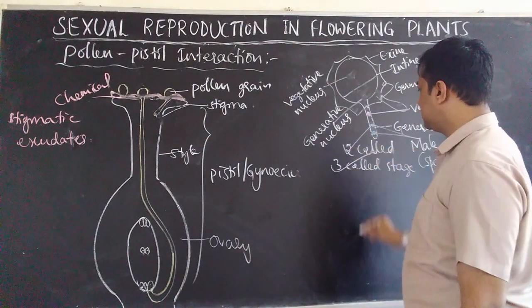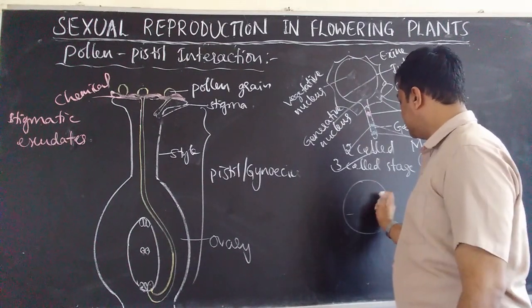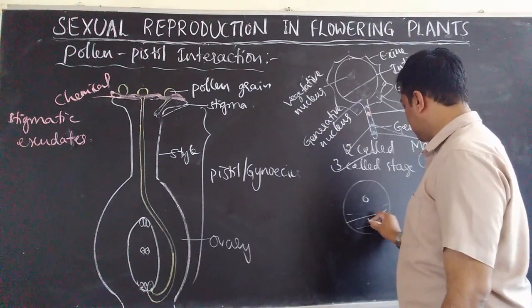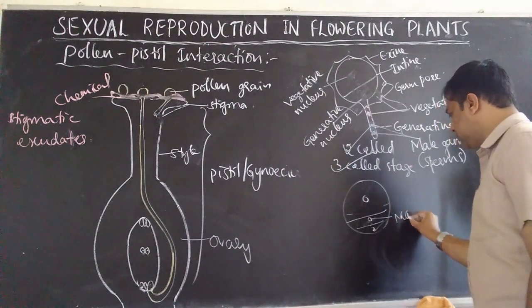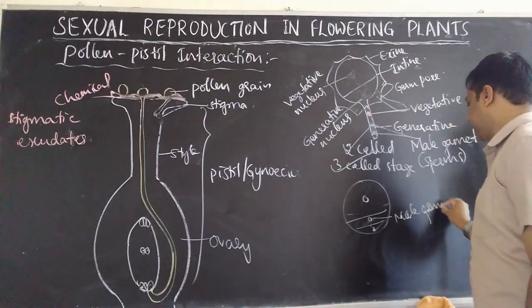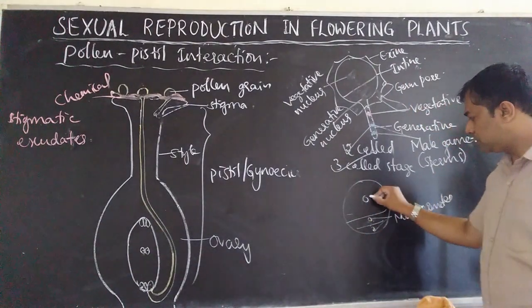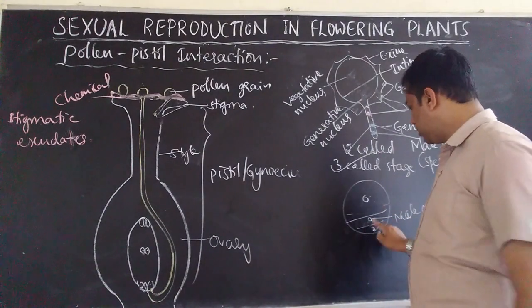If it is a three-cell stage, the pollen grain has already divided into two here. So these are male gametes. If it is a three-cell stage, the generative cell was already divided into two cells.